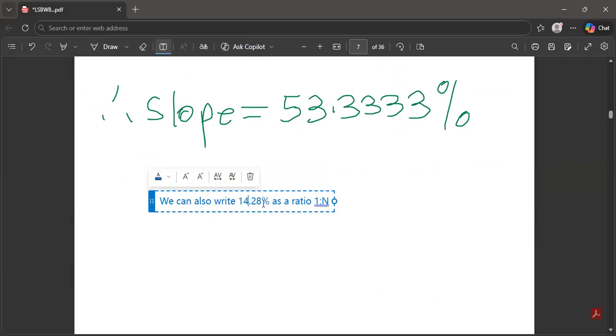So I'm just going to edit this and you realize that life is going to become much easier. So you say 53.333 percent. Let's quickly change the color to a different one.